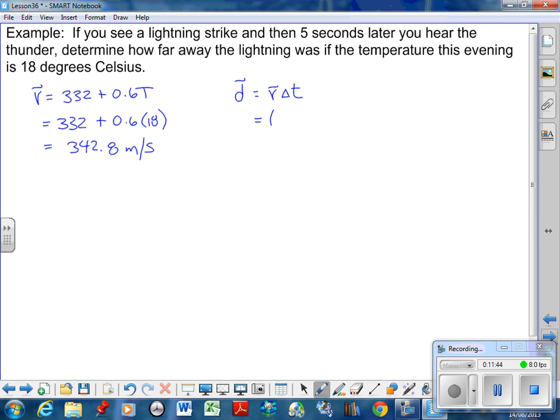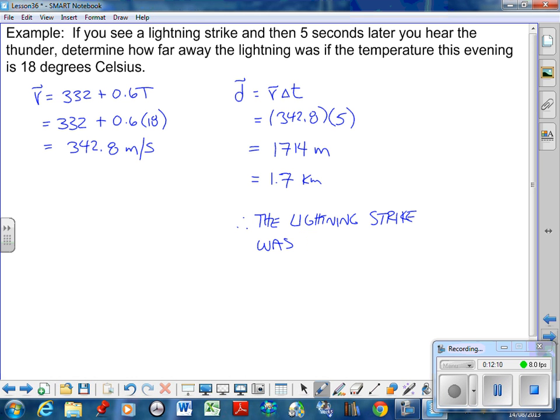So we have our 342.8 multiplied by 5 seconds later, which would tell me that we're looking at 1,714 meters, or 1.7 kilometers. So therefore, the lightning strike was 1.7 kilometers away.